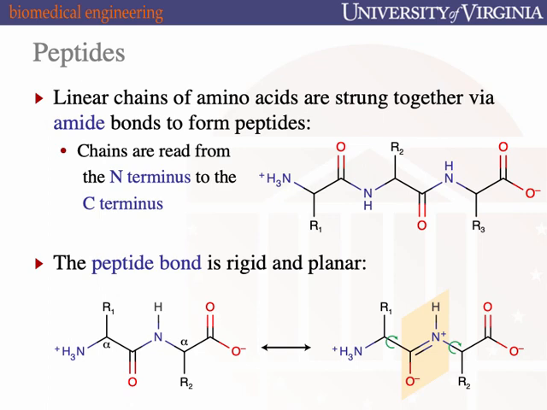So you can think almost like my iPad here. This can rotate along the angles defined by those alpha carbons and the side chains, but the peptide bond itself is going to be planar and rigid in this way, and it's because of the resonance of the structure.